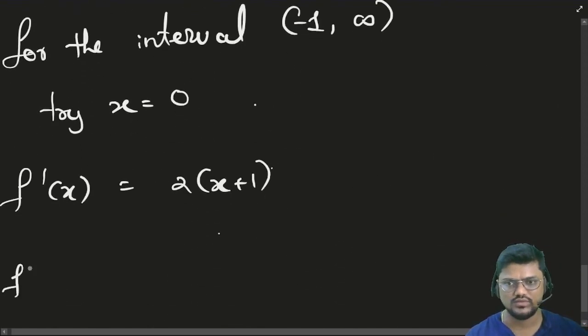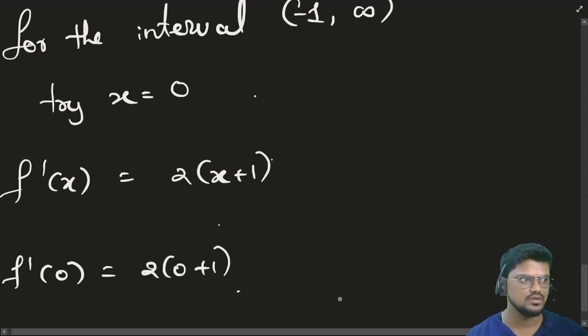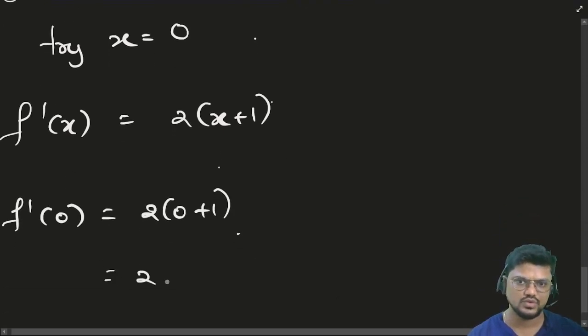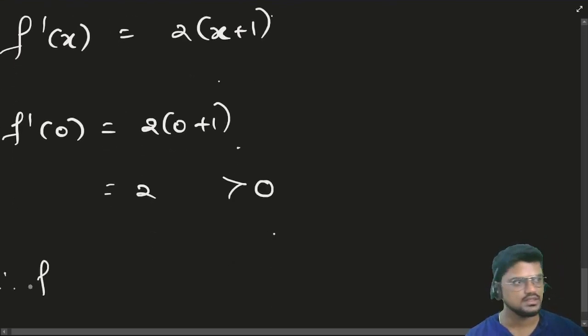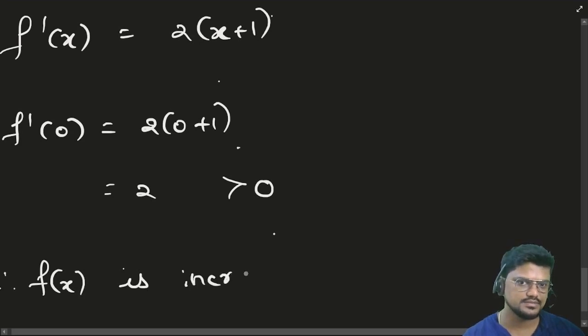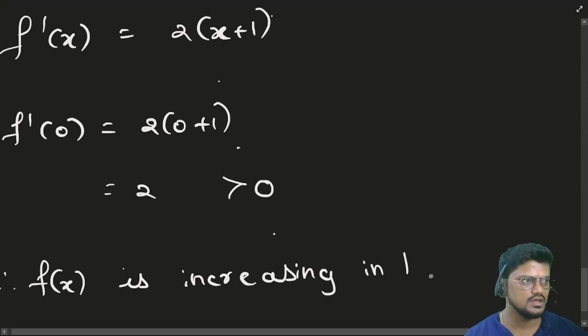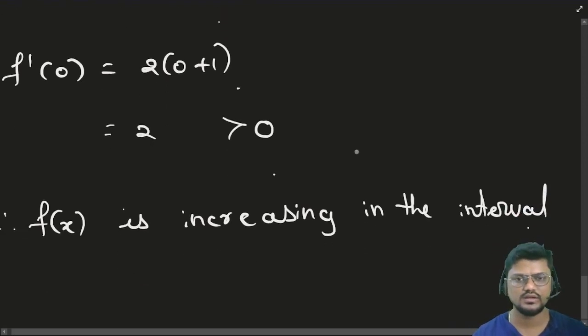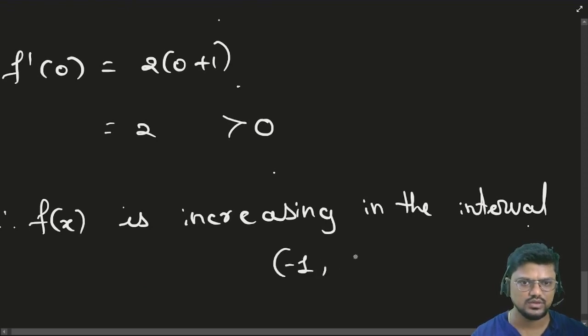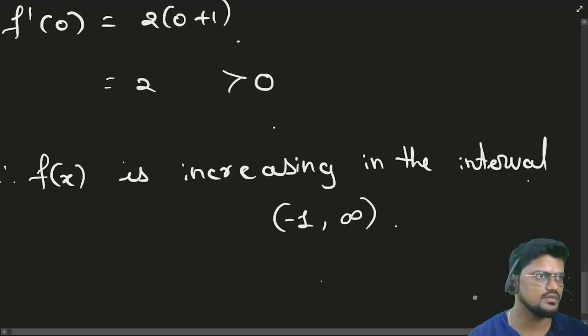So f dash of 0 equals 2 into 0 plus 1, which gives you 2, which is greater than 0. Therefore, f of x is increasing in the interval minus 1 to infinity. Got it, everyone?